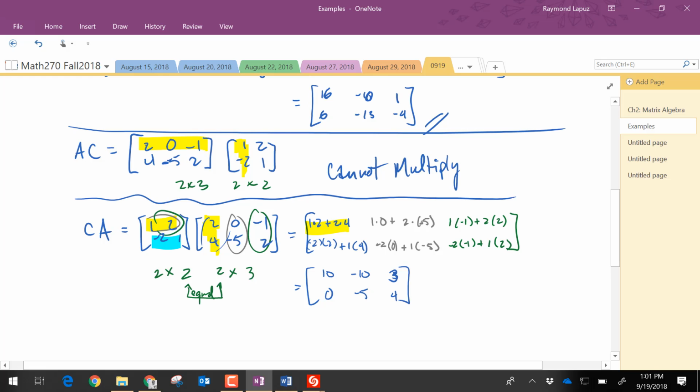And if they do match, then you can perform the multiplication, and your result will be the number of rows in the first matrix and the number of columns in the second matrix.